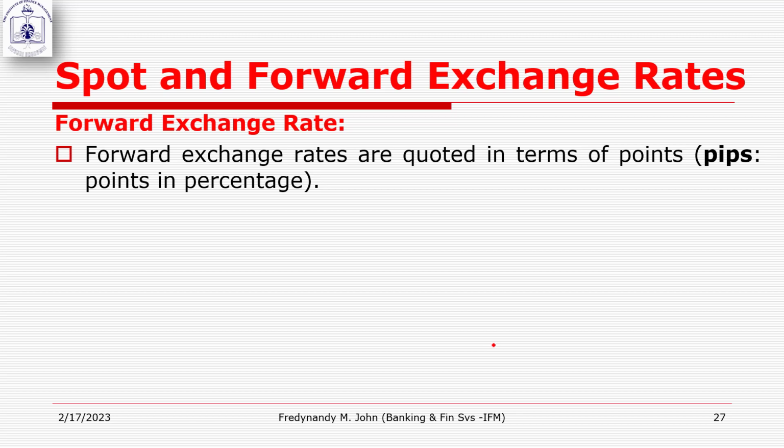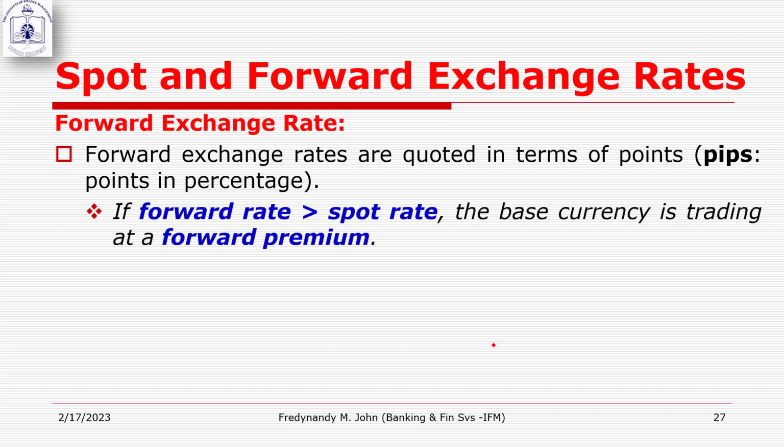Forward rate is the same as future rate, the rate that we will use to purchase currencies in the future, in the coming days. Now, forward exchange rates are quoted in terms of points. We call them pips, points in percentage. And the point in percentage is the ratio of 1 by 10,000.